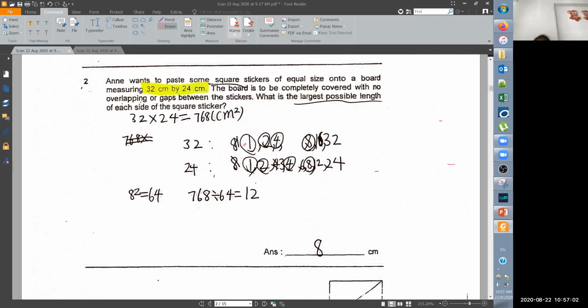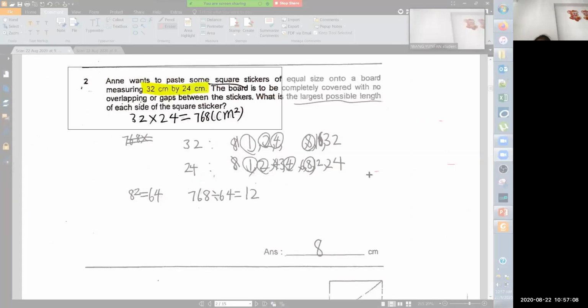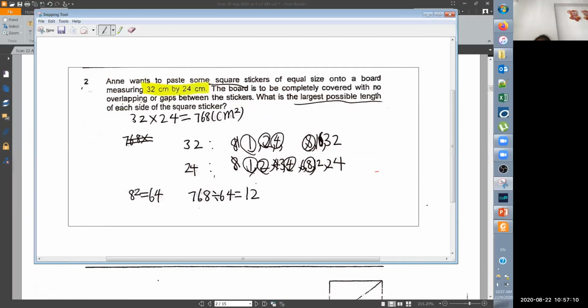Your presentation for this question is not very good. Your solution should be this. You write down 32 times 24 is 768 cm squared, which is the area. What is the largest possible length of each side of the square?